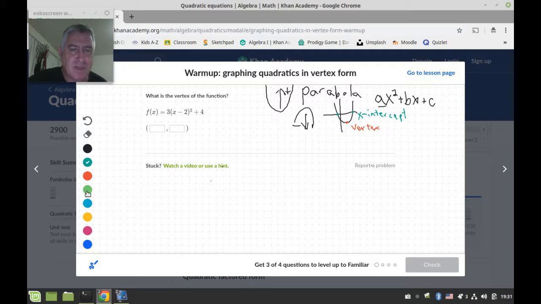And on the line with our vertex, we have a line down the middle, which is called the axis of symmetry.